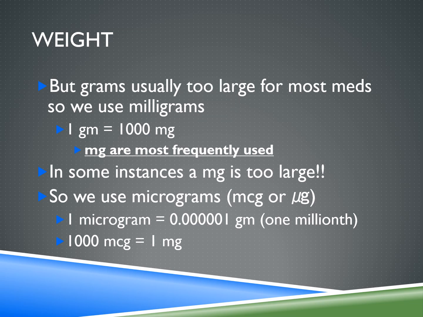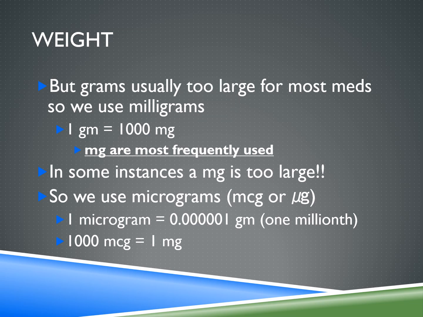So let's put that in perspective. Remember that paper clip? If you divide that paper clip into 1,000 pieces, that's a milligram, okay? So if you're taking 10 milligrams of something, you're only taking 10 of those tiny little pieces, and that's the dosage for that medication. Milligrams are the most frequently used in drug dose calculation.